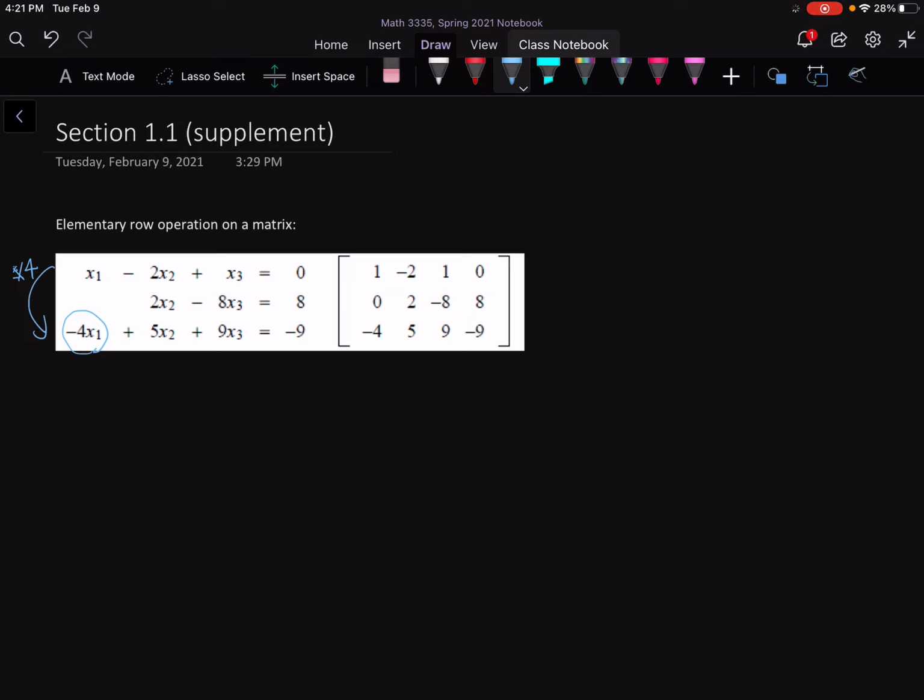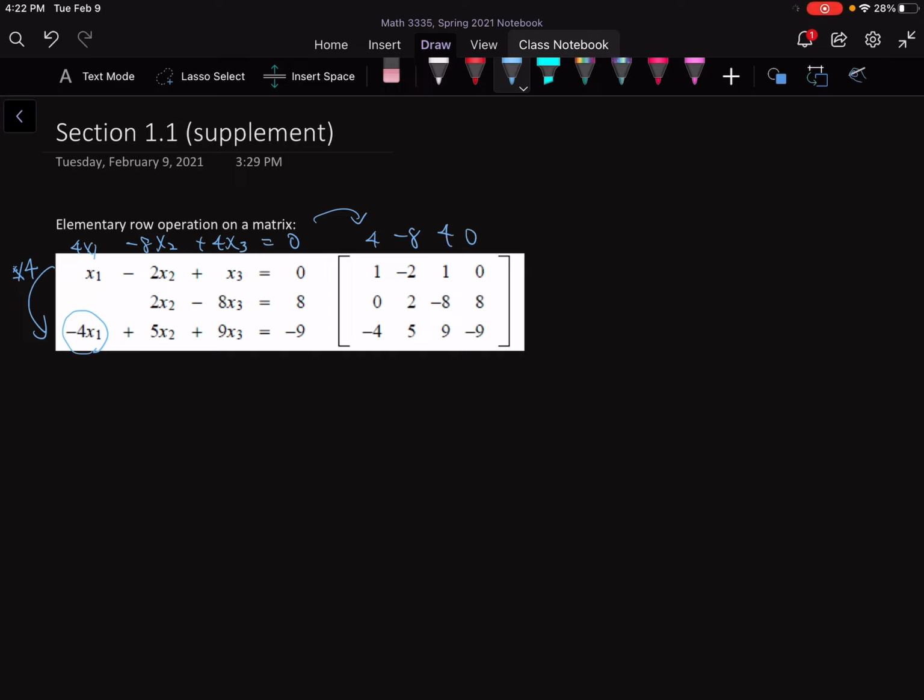So simply this becomes 4x1 minus 8x2 plus 4x3 equals 0. If you look at the right-hand side, the representation becomes 4, negative 8, 4, 0.